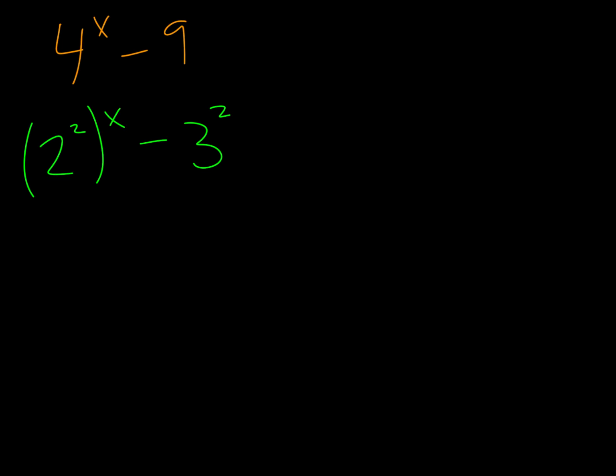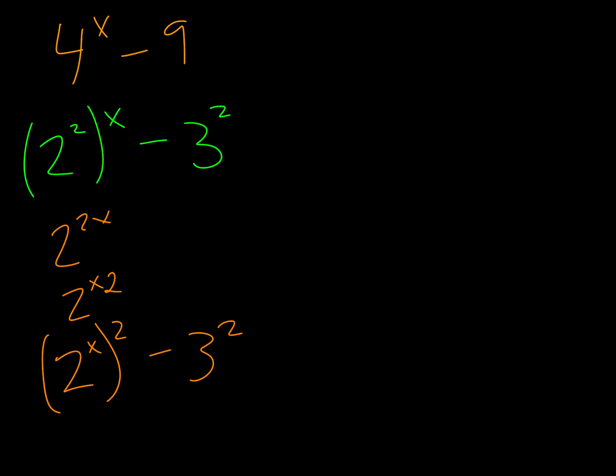These are interchangeable because they're just multiplied. We could write this as 2 to the 2x, but we could also write it as 2 to the x2, and so we could also write it as 2 to the x squared.